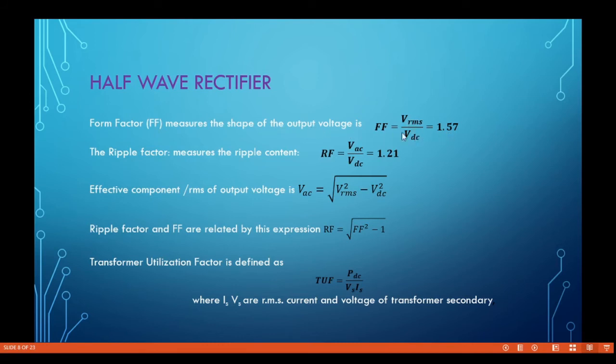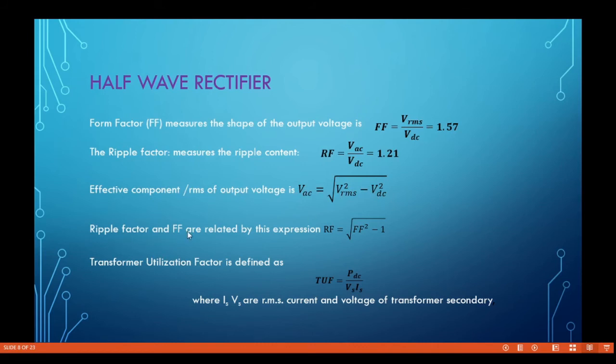The value is 1.57. The ripple factor, which measures the ripple in the output waveform, is VAC upon VDC, equal to 1.21. The effective component of the RMS output voltage you can calculate: VAC squared is equal to VRMS squared minus VDC squared.